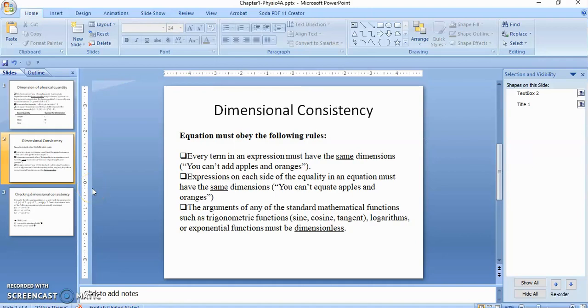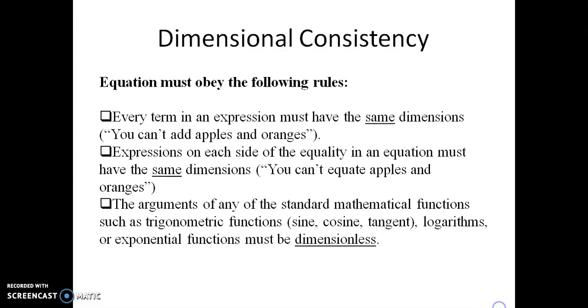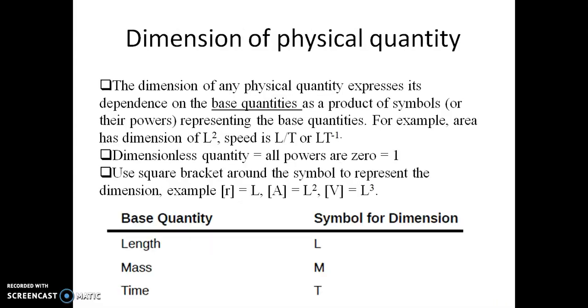The topic of this video is dimensional analysis. So what is dimension? The dimension of a physical quantity expresses its dependency on the base quantities as a product of symbols, or of their powers, representing the base quantities.